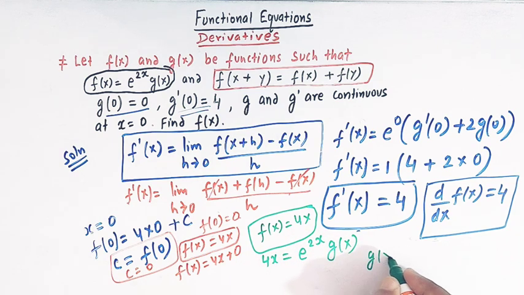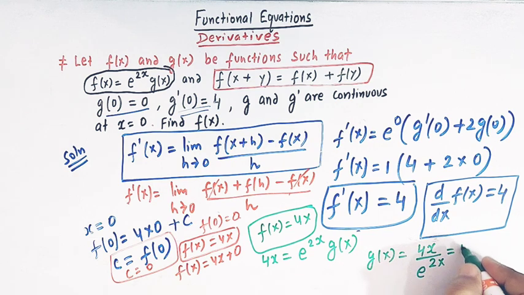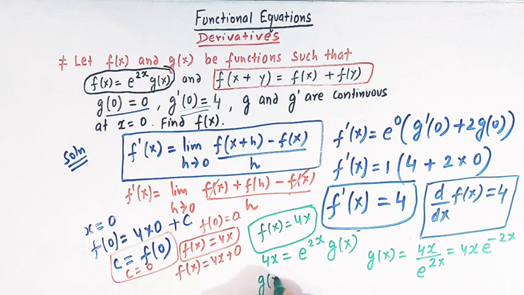So g of x is equal to 4x divided by e raised to 2x, and this can be written as 4x e raised to minus 2x, right? So the function g of x has the form 4x times e raised to minus 2x, right?